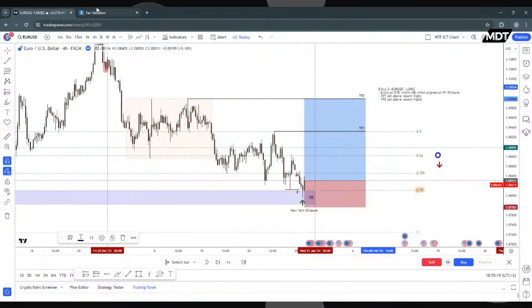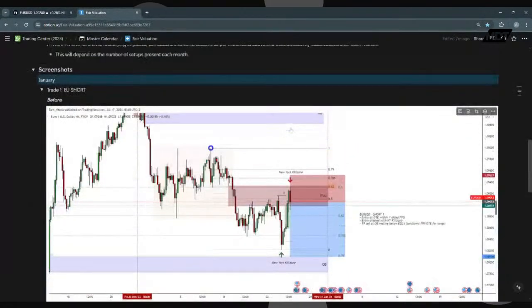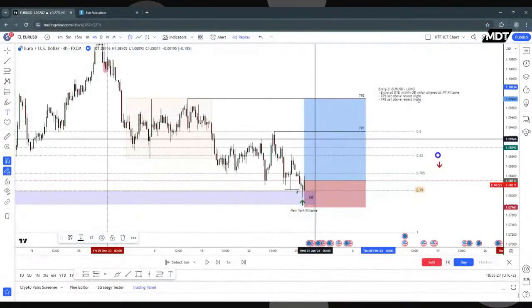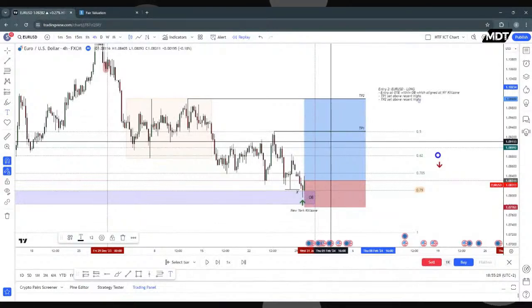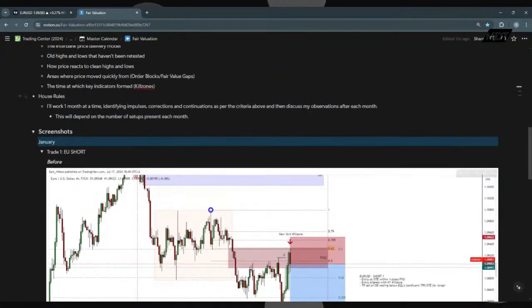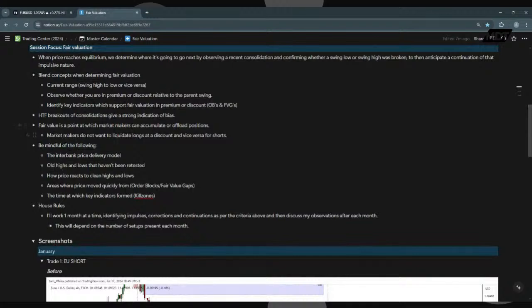So I'll just go through this first trade, because we are kind of at the end of this first month, just before we see how this next trade plays out. So this first trade, you could see price was trending lower, and if we go back to the notes, just remember high time frame breakouts of consolidations give a strong indication of bias.